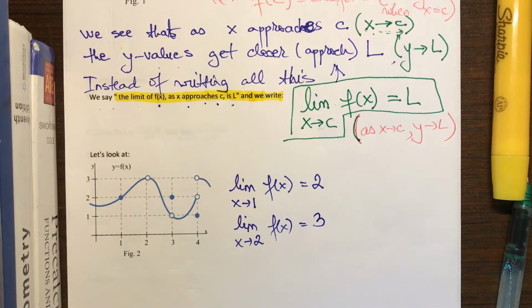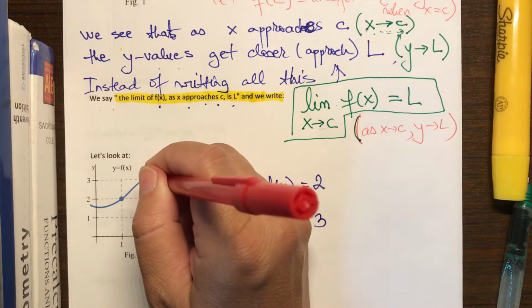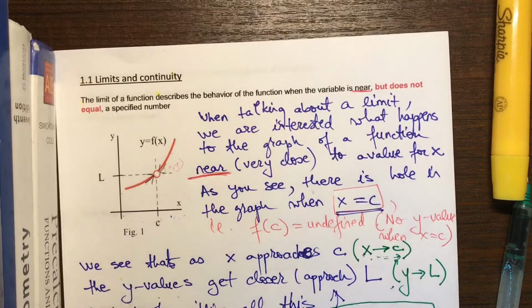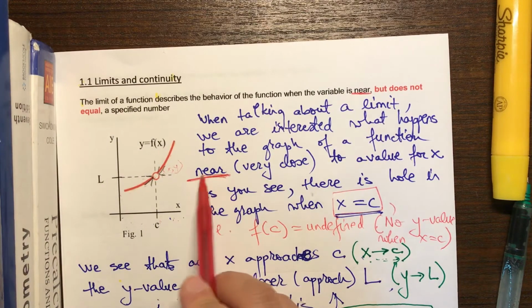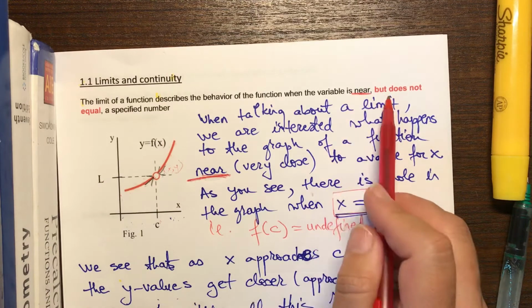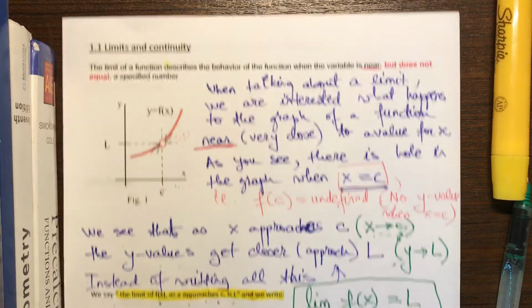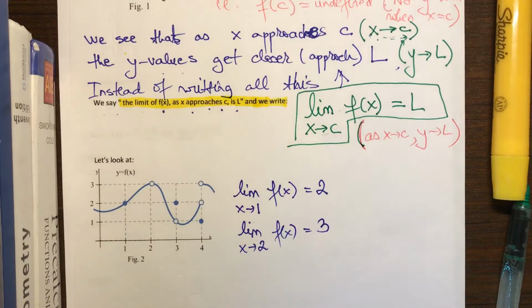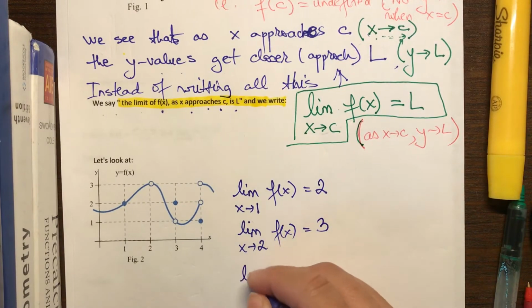Now again, I'm not at all interested in the fact that there is no value at x equals 2. I'm not interested in what happens when x equals 2. All I'm interested in is what happens when x is near, but does not equal, that specified number of 2.